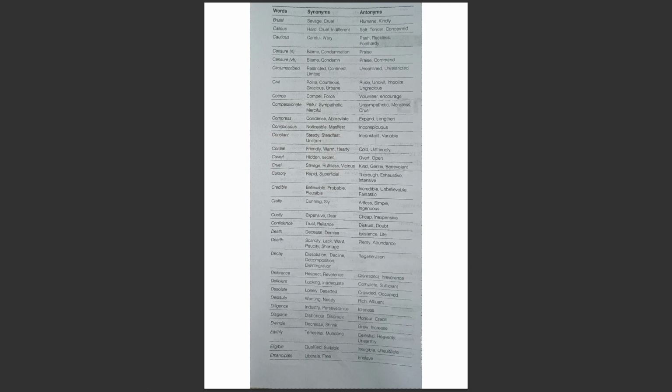The next word is confidence. Confidence का मतलब होता है आत्मविश्वास. Confidence means आत्मविश्वास. So confidence का synonym is trust, reliance. रिलायंस की जगह इसमें सेल्फ रिलायंस होना चाहिए था, कि खुद पे भरोसा, खुद पे विश्वास, आत्मविश्वास, right. And trusting on your own self is what confidence means.